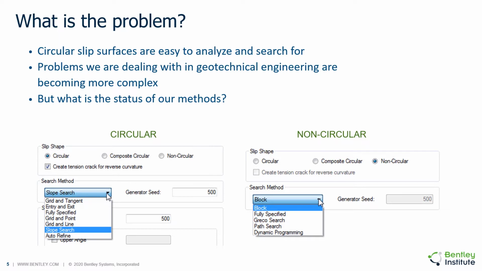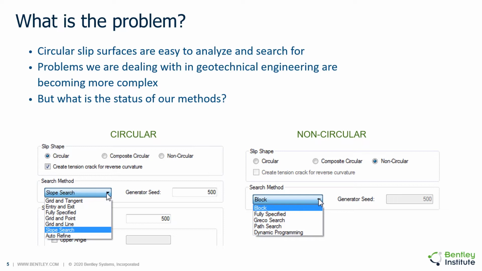Circular slip surfaces are generally quite easy to search for. The methods for searching for circular slip surfaces have been well developed in research, and a number of methods are implemented in the software, such as grid and tangent, entry and exit, grid and line, or automated methods such as slope search or auto refine.